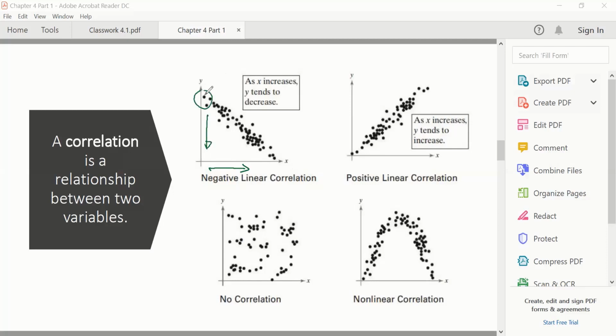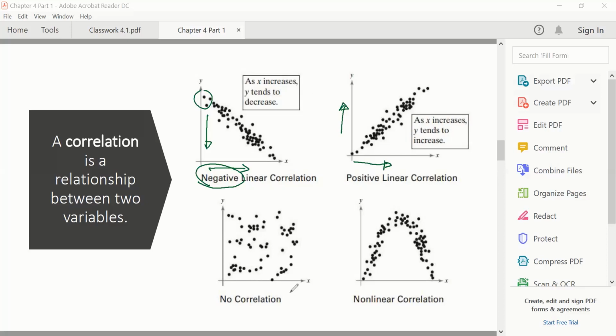They start high and go down as the X increases. That's called a negative linear correlation. Negative because they're the opposite. As one is going up, the other's going down. The positive linear correlation, as X increases, Y also increases. That is called a positive linear correlation, and it's called linear because it looks like a line.